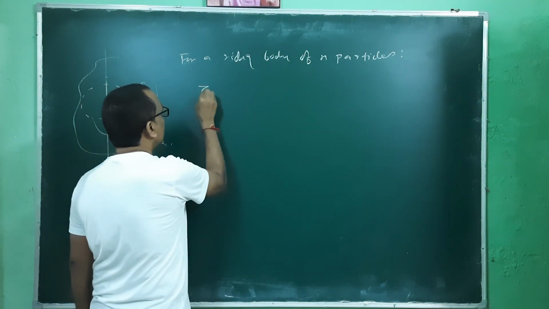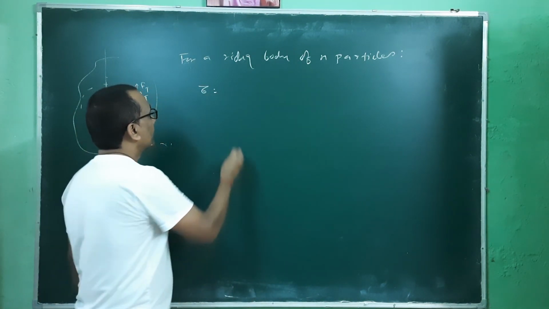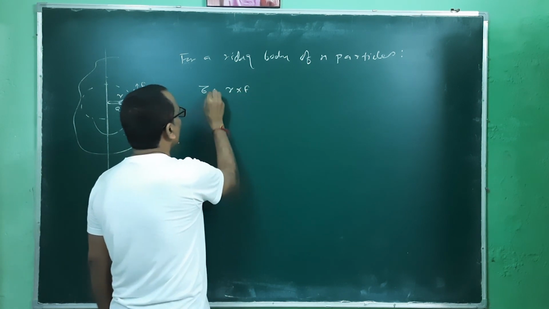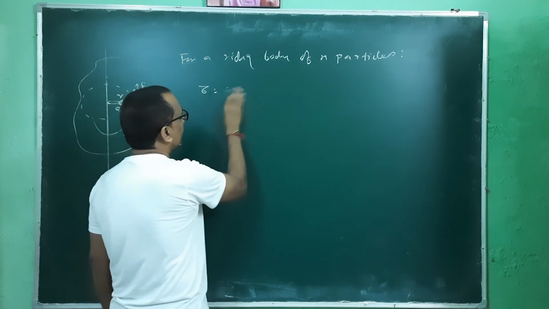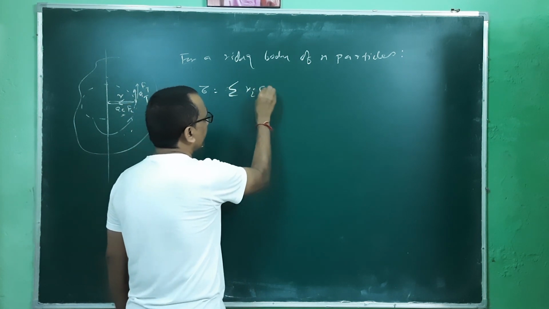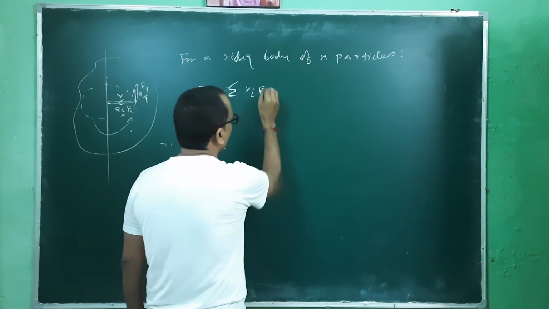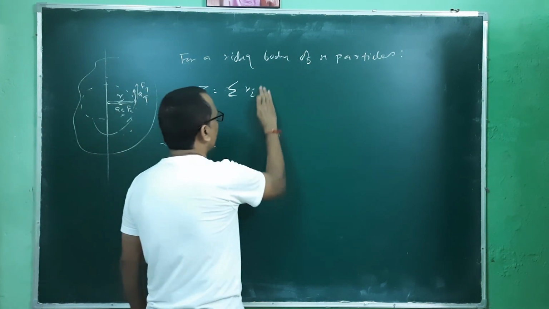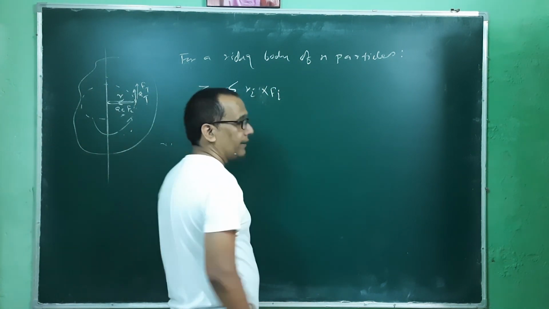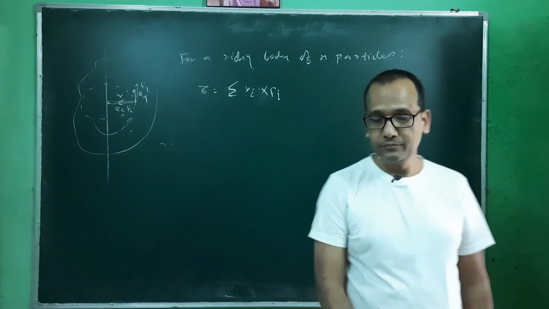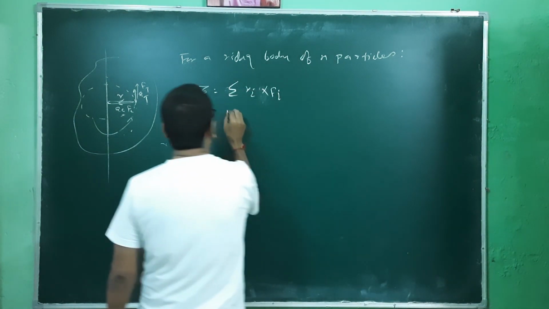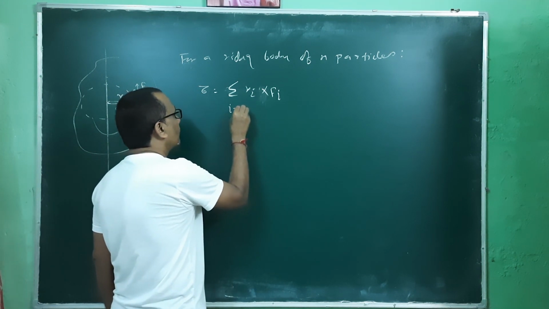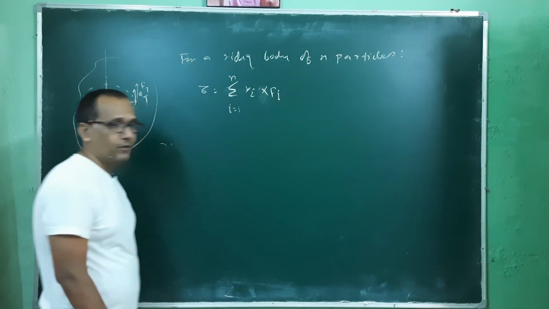Now tau is equivalent to R cross F. Total tau is equal to the summation of Ri cross Fi, with i from 1 to n, for the n-body system.